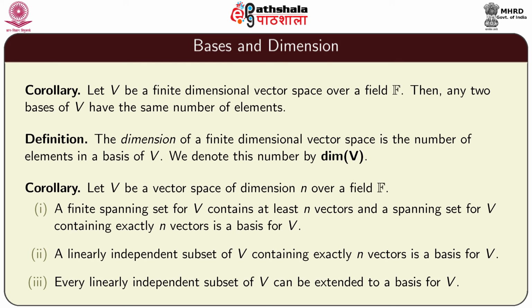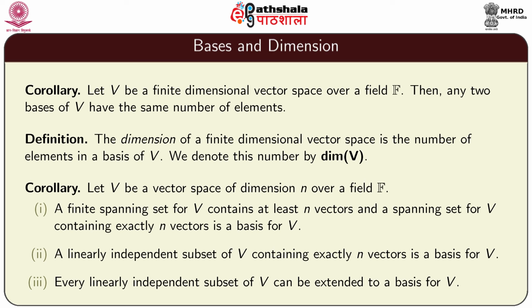How to go about it? Remember, any basis is a spanning set and also a linearly independent set. So, because of these attributes, you can use the replacement theorem starting with two bases, say B1 and B2. Treat B1 as a spanning set and B2 as a linearly independent set.